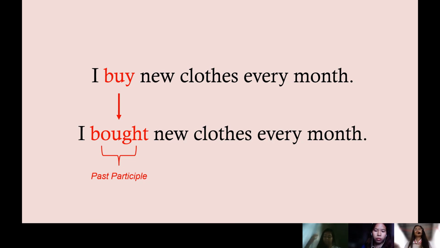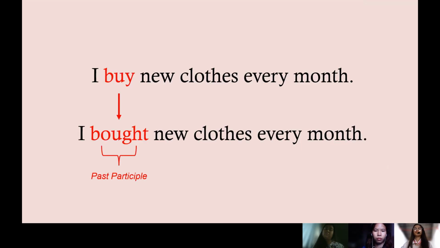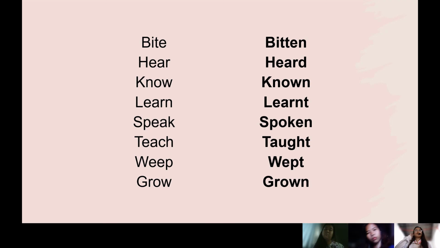We changed the whole spelling to make it past tense. So that's our past participle. Now, these are some of the other irregular past forms that we have in the English language.